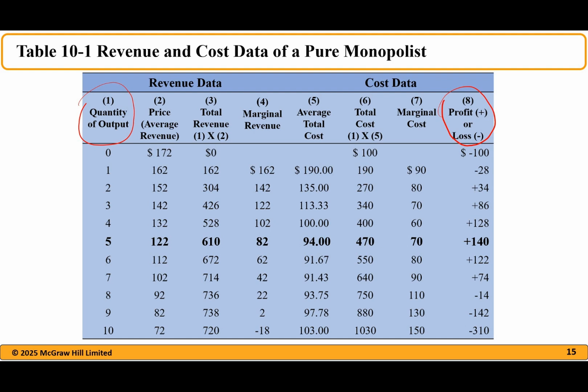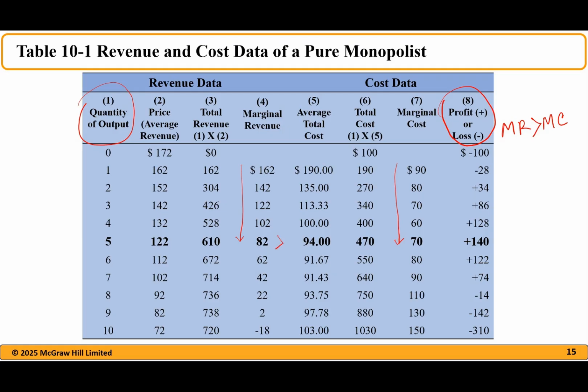So we are following the same kind of decision rule that we saw in the perfectly competitive model. We look for the output level as long as marginal revenue is greater than marginal cost, which is occurring here. As you can see, when the firm extends its output, the fifth unit shows marginal revenue of 82, which is greater than the marginal cost.